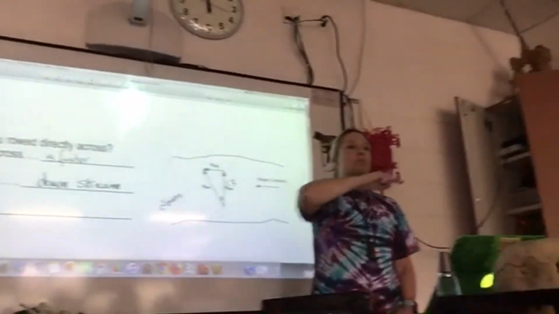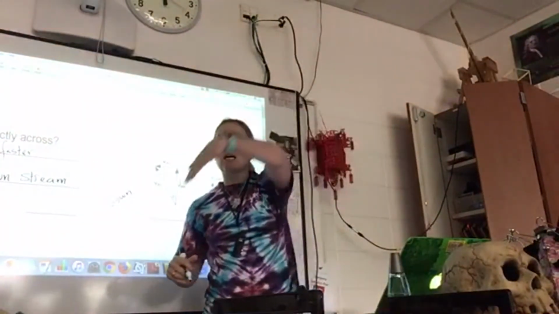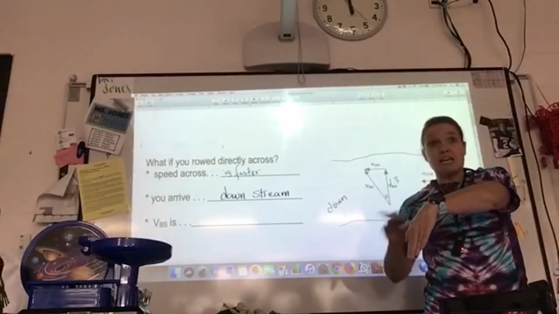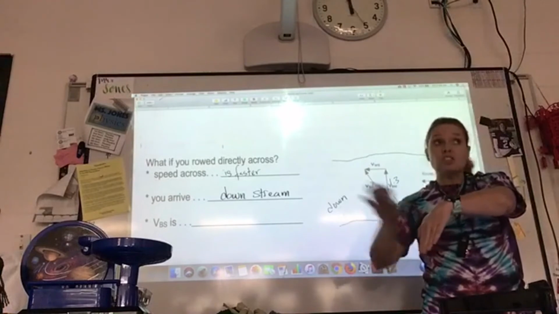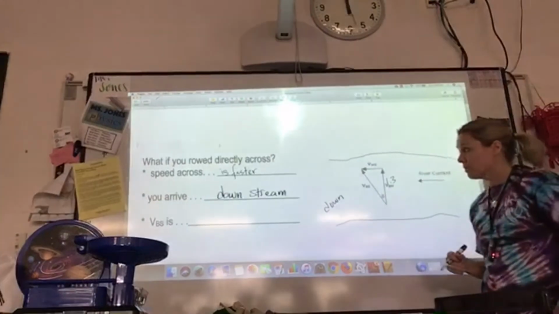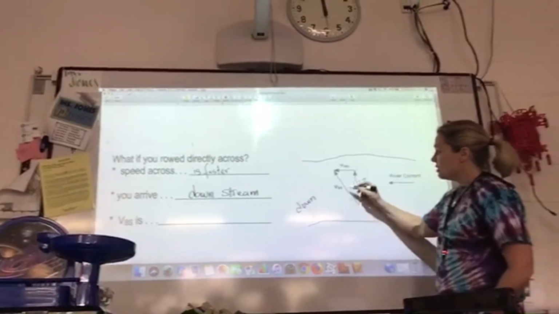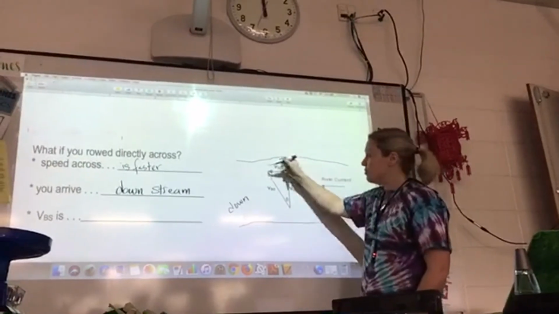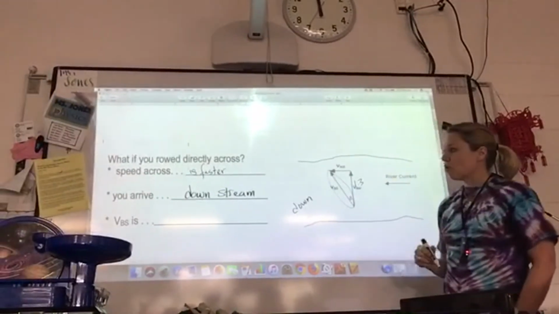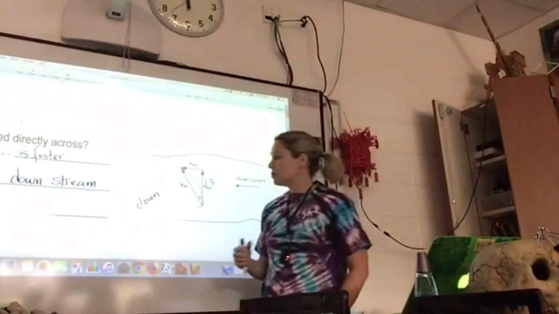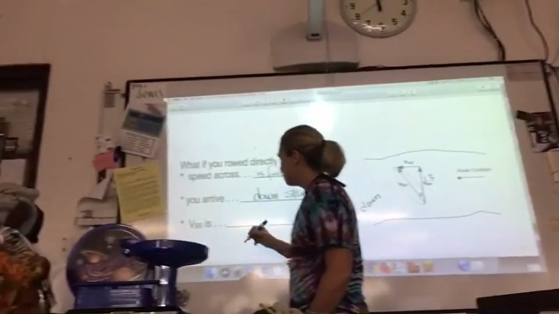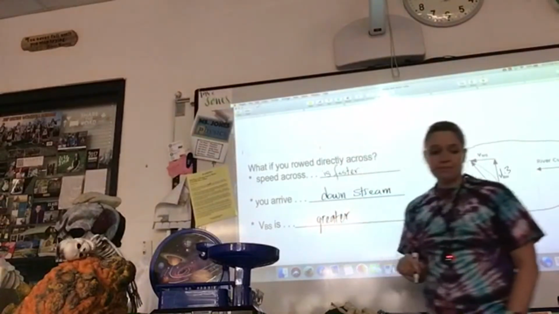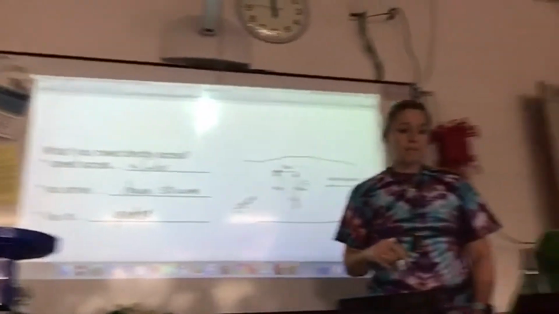This was kind of like the projectile problem, where at the bottom I wanted you to figure out its overall velocity, and it had an x and a y now, and not only the x like it started with. Same thing here. This was what the boat was doing, but the river was making it move extra. So this is your overall velocity of the boat to shore. So it is greater.